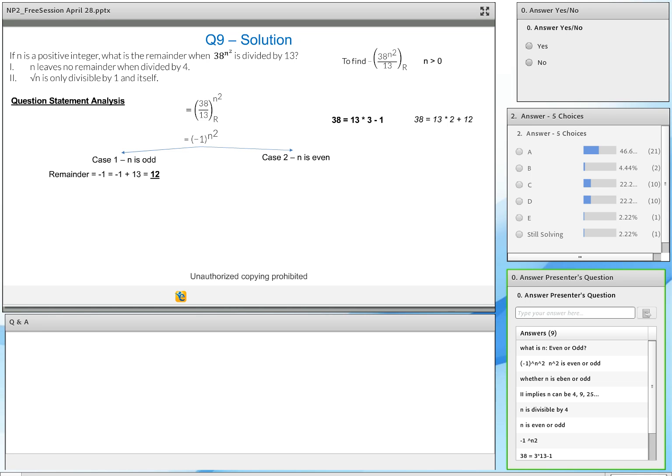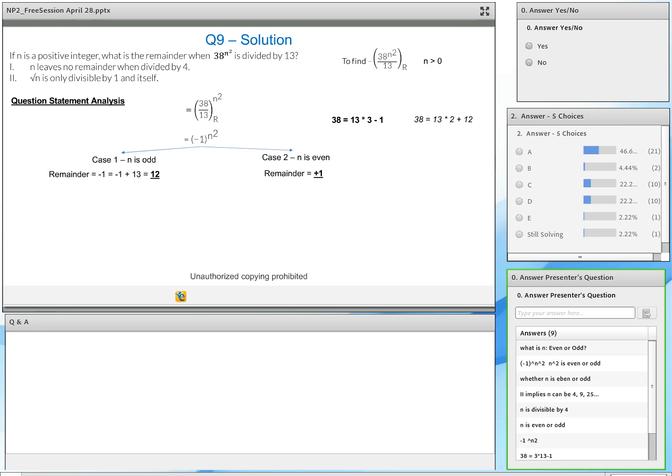If n is odd, in that case the remainder is going to be minus 1, because if n is odd, then minus 1 raised to the power n squared is going to be minus 1, right? So in that case my remainder is minus 1 and I need to convert that into a positive remainder. So I add the divisor back and I get 12 as the positive remainder.